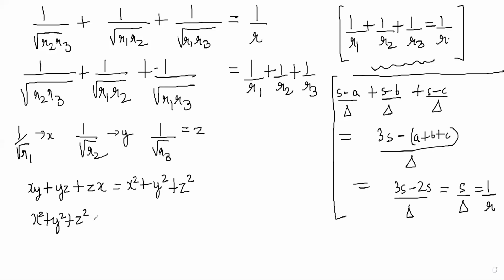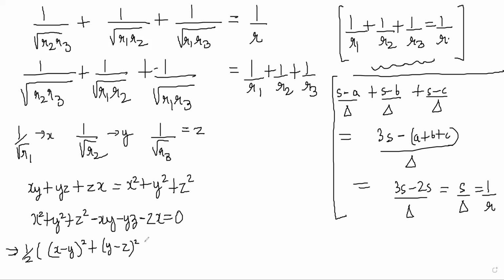This minus xy minus yz minus zx is equal to 0 means half into x minus y whole square plus y minus z whole square plus z minus x whole square is equal to 0. And the sum of three squares can never be 0 unless each of those squares is 0. So we get x is equal to y is equal to z from this, right?